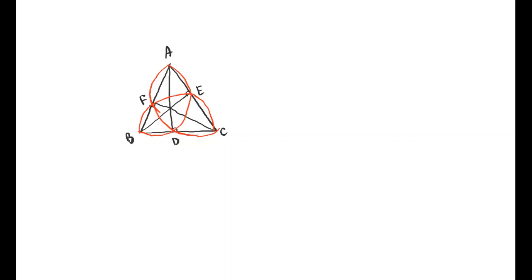So from the radical center theorem, you can see that they all intersect at one point, which is the orthocenter.